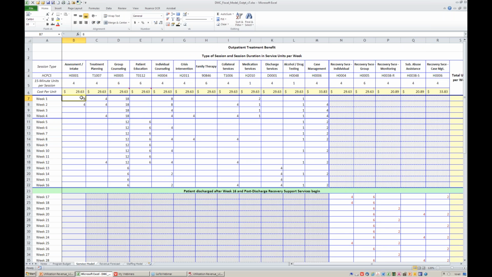Now this is on a per client basis, and some people ask, well, why not for the whole caseload? The reason I do that is just for consistency, because subsequent pages in the spreadsheet use the numbers that are generated here.